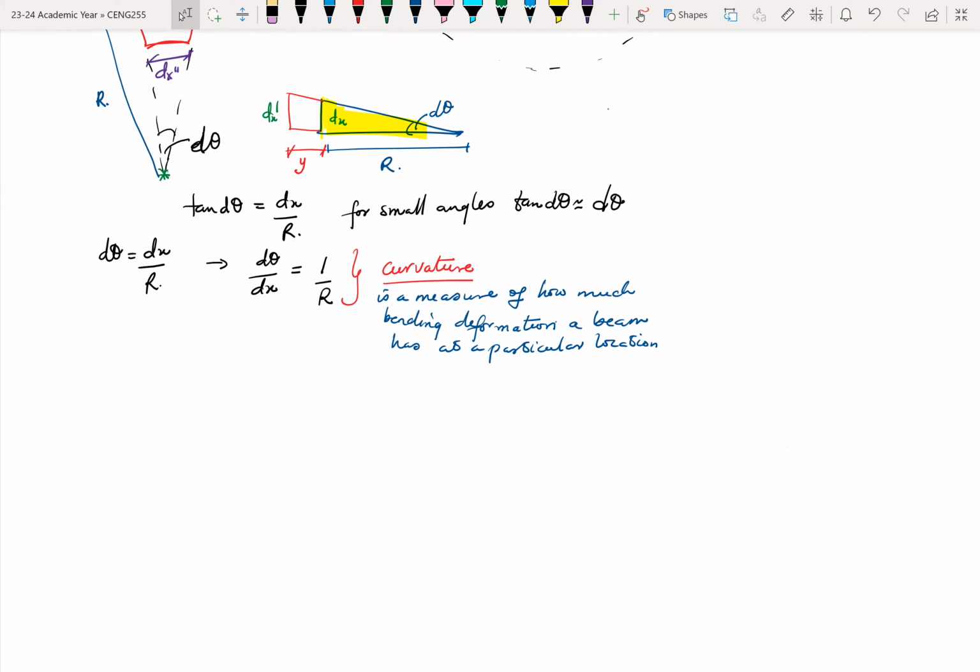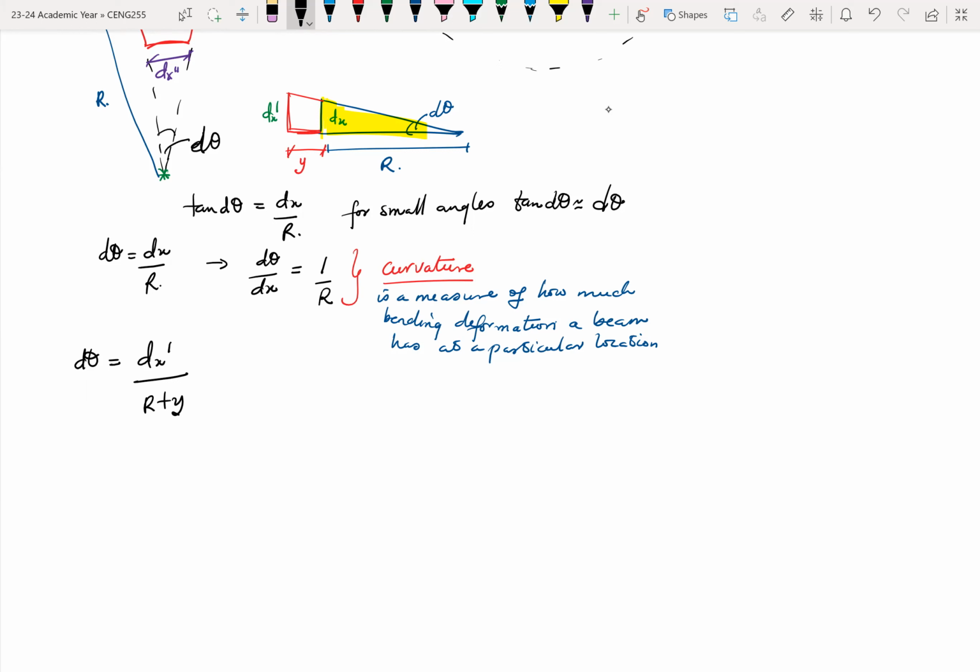Now, I can also rewrite the d theta in this form. If I use the principle of similar triangles, then my opposite is dx prime, and my adjacent is r plus y. They both are the same, regardless of what we look at.